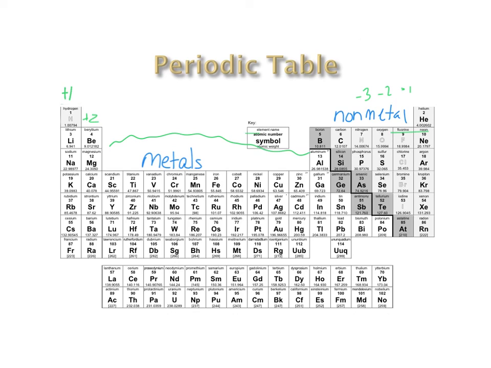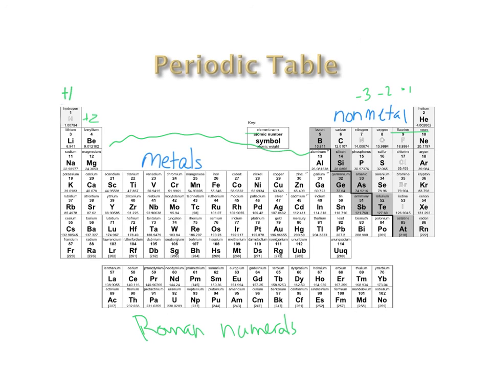This is where we have to use those Roman numerals. We'll talk more about those when we get into ionic compounds and naming those. But we can have +2s, +3s, +1s, +4s, all in this area.